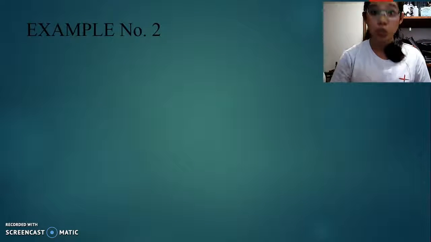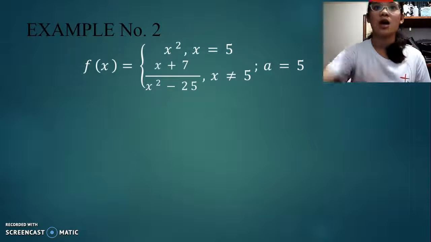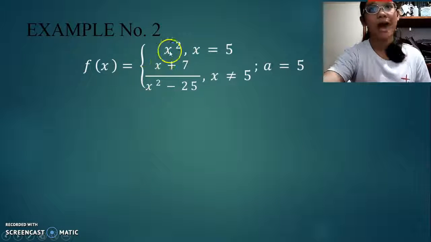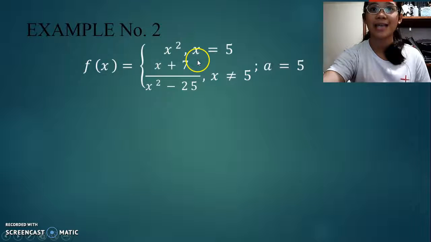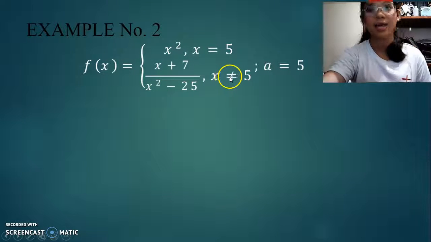Example number 2. We are given a piecewise function. f of x equals x squared with the given condition that x is equal to 5, and x plus 7 over x squared minus 5 with the condition that x is unequal to 5. And point a is equal to 5.